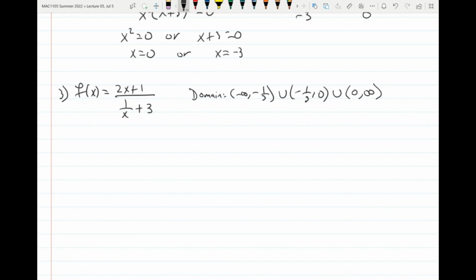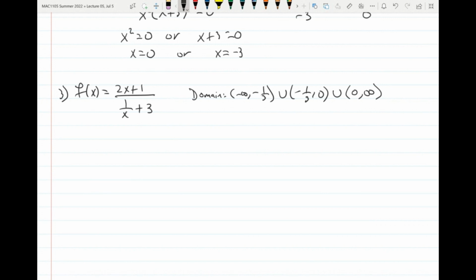So you scan this and ask yourself, once again, what can go wrong? Now you should realize that there are two problems here. First of all, there's a big fraction, so this denominator itself cannot be 0. That's one thing we need to worry about. But then there is also a little fraction, so there's another denominator that cannot be 0.